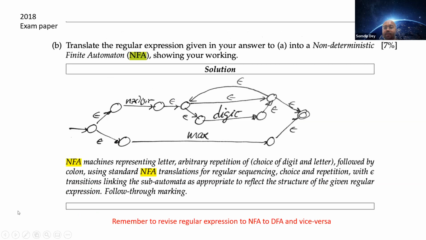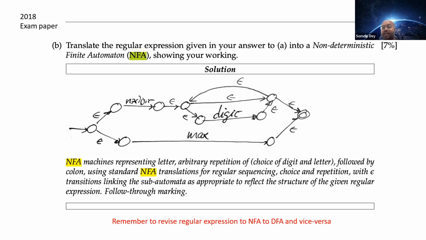Another important topic that you definitely should revise is, if you are given a regular expression, how to create an NFA, non-deterministic finite automata, or how to create a DFA, which is deterministic finite automata.